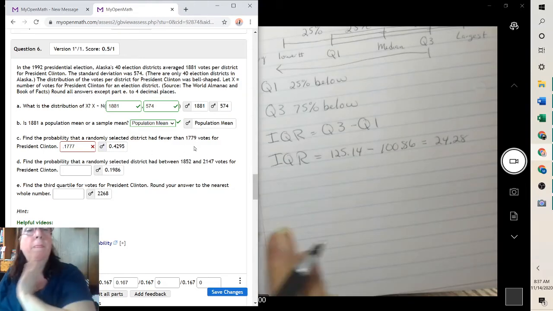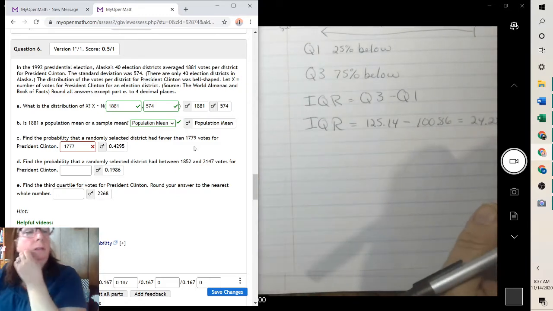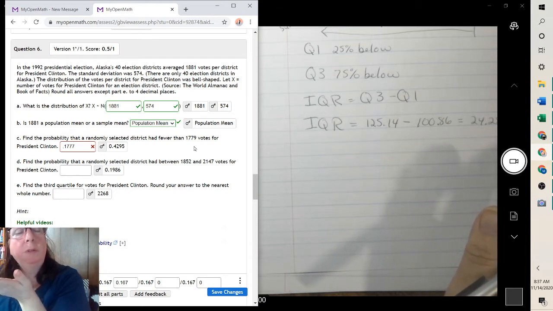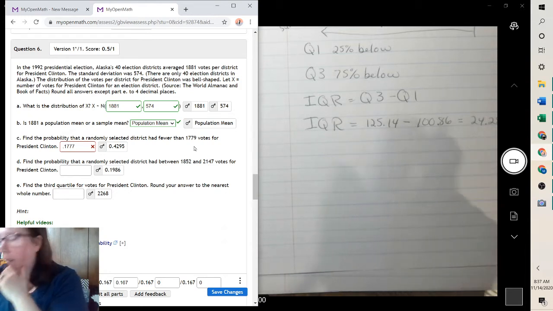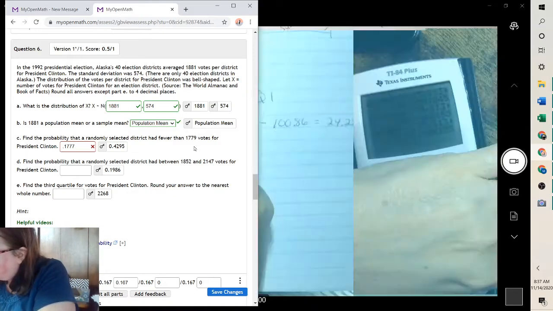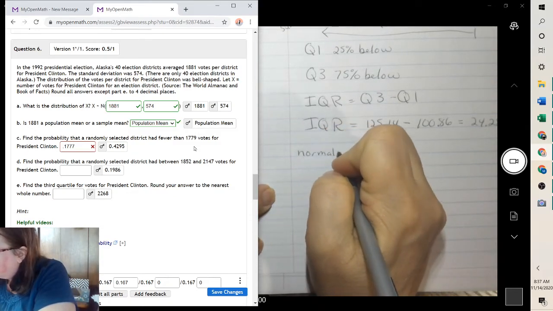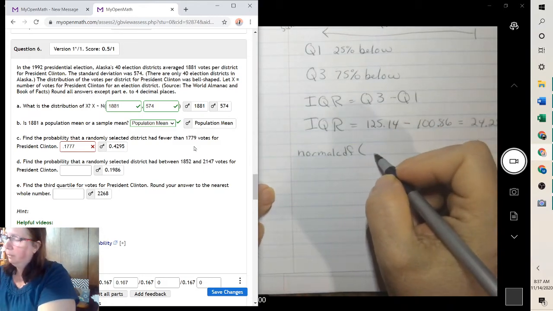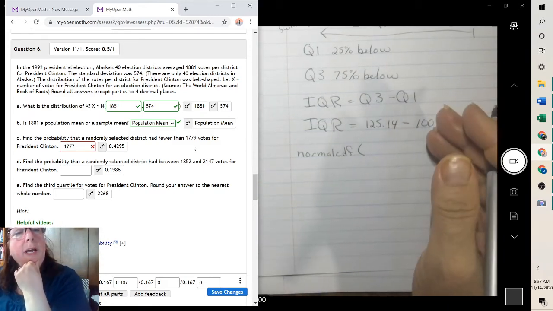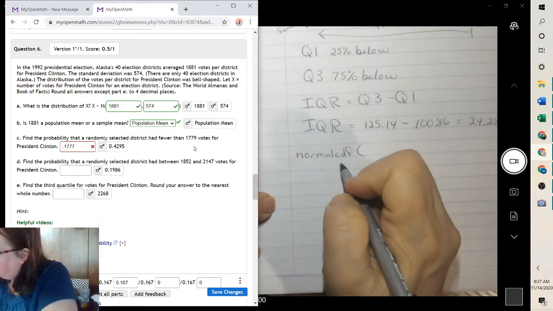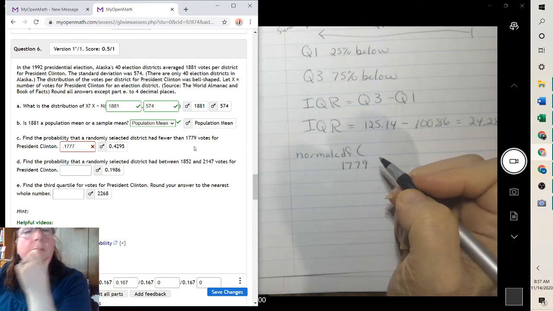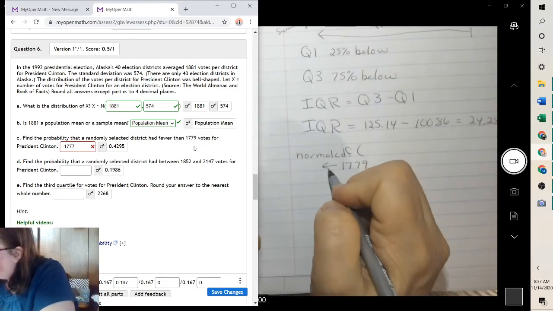Okay. So for this one, find the probability that a randomly selected value is below or fewer than 1779. So we are going to use the normal one again because we're looking for the percent. It goes lower to the higher bound, but if we want fewer than this, that means we're going below it.